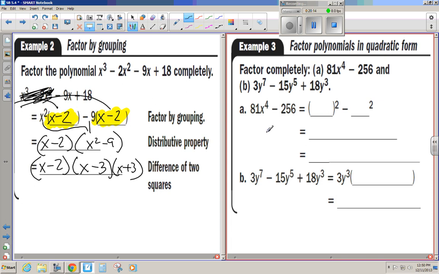All right. So let's take a look at this piece right here. The first thing for part B, here's B, is, let's rewrite this. Okay, I see what's happening here. We're going to make this 9x squared, squared.